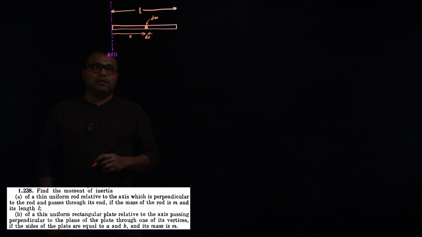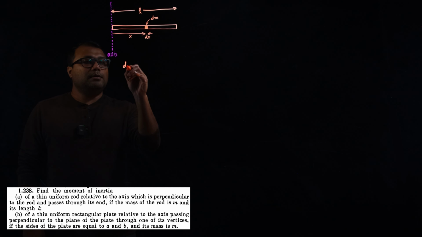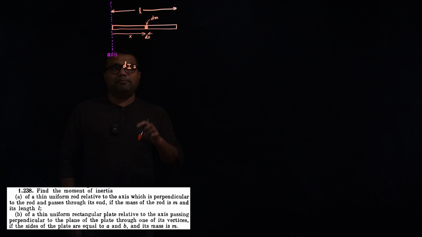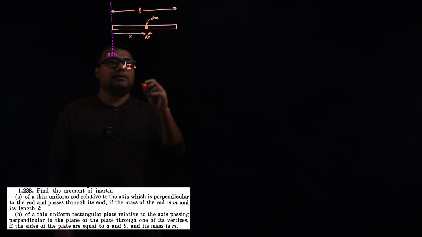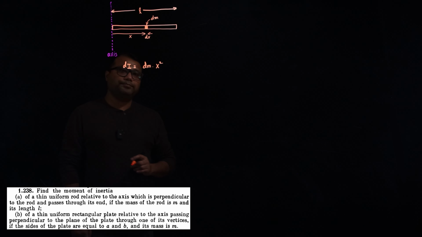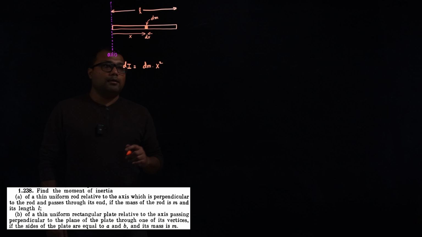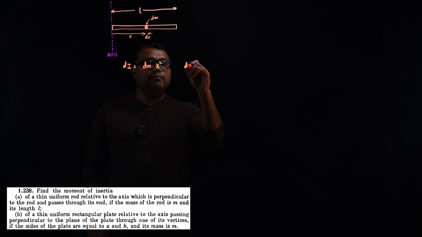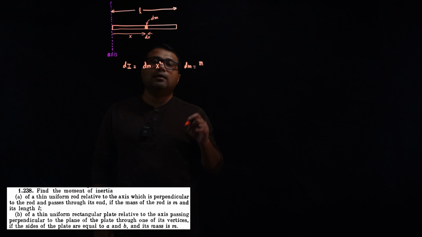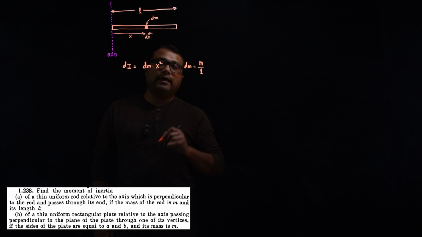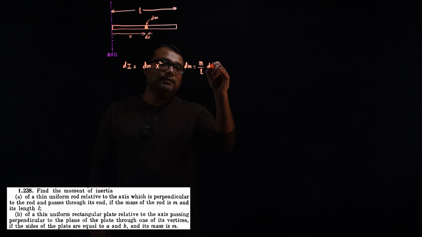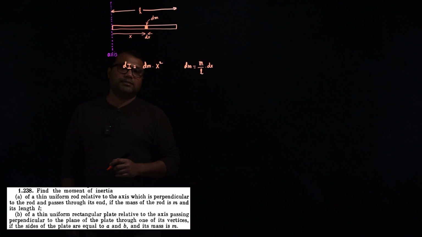Okay. So we know the moment of inertia of a small mass or a point mass m at a distance x from an axis is dm x square. Now dm we can further simplify as the mass of the rod is m, so mass per unit length is m by L, and for a small length dx it will be m by L times dx.